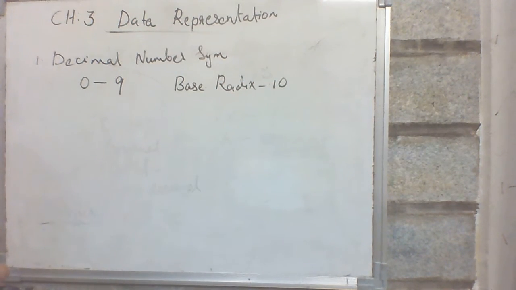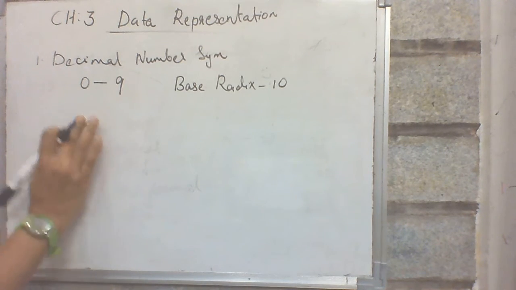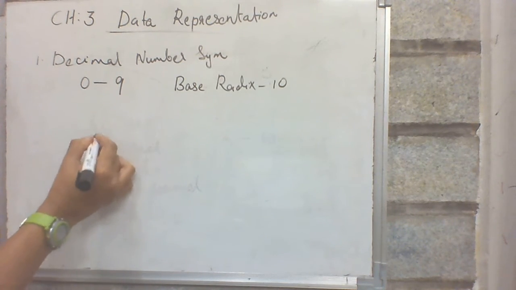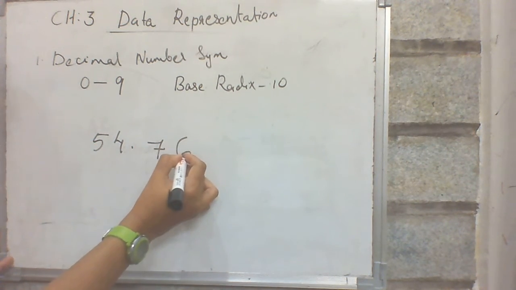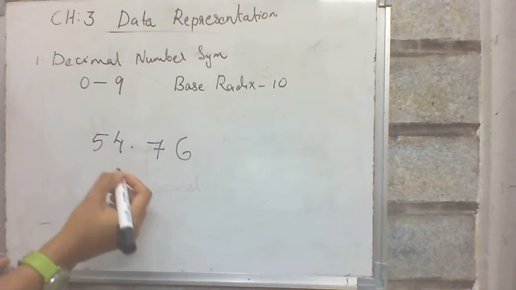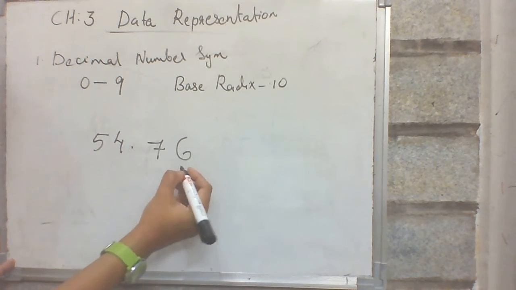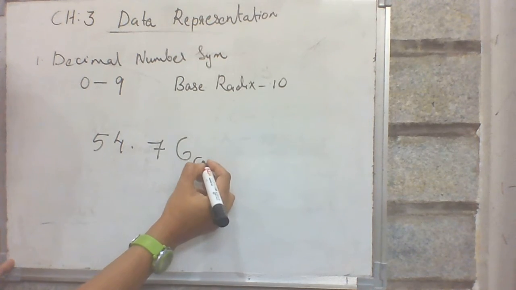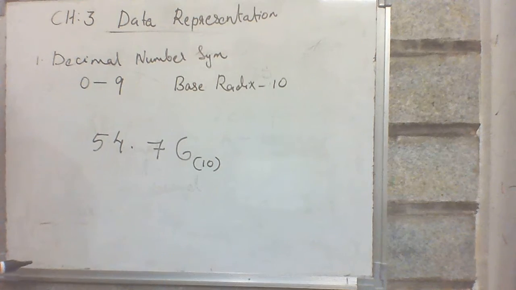Each number we can represent using positional values. For example, 54.76. When you are writing a number in this chapter, you have to write the base radix also, at the bottom right corner of the number.